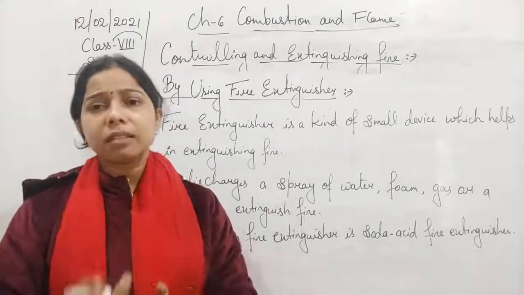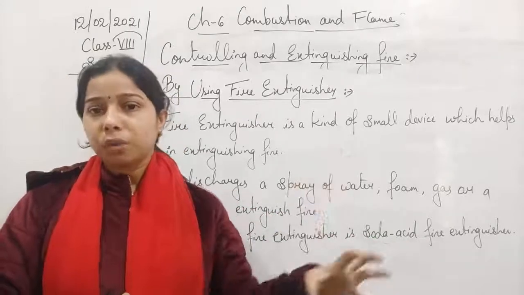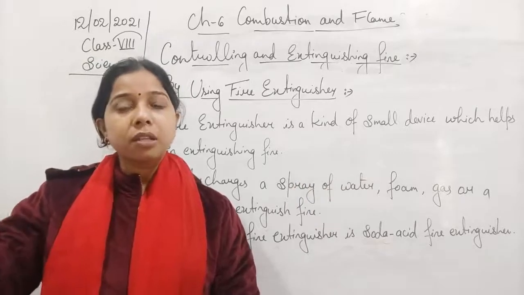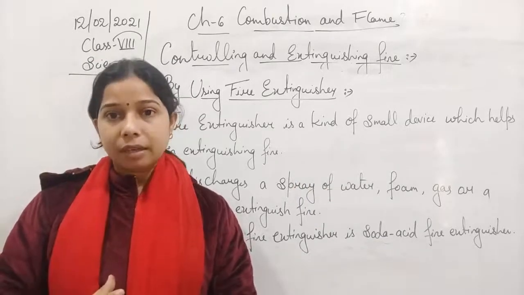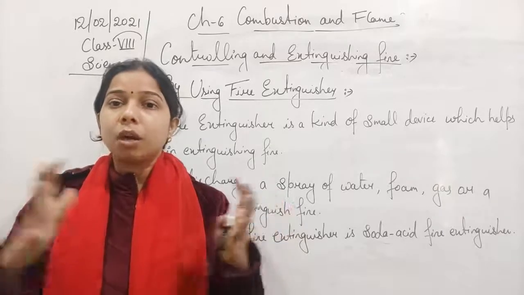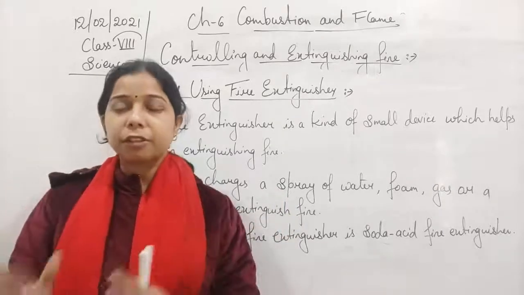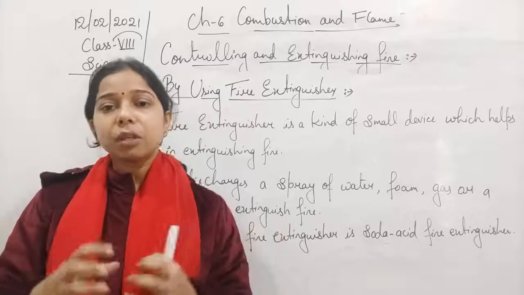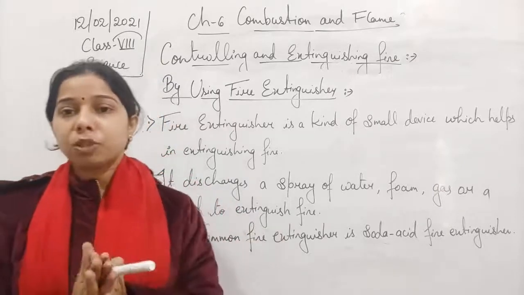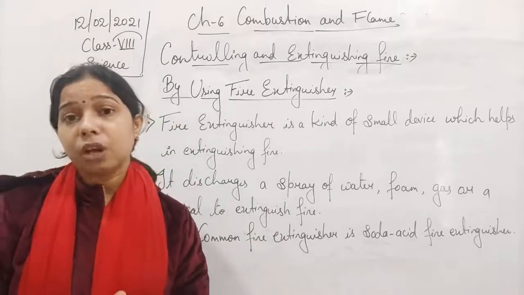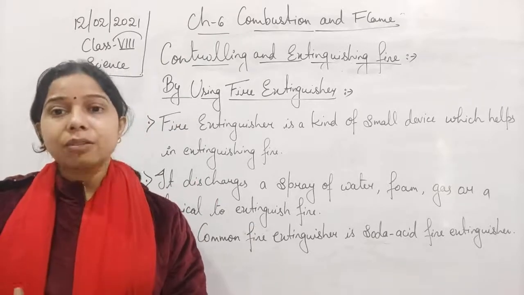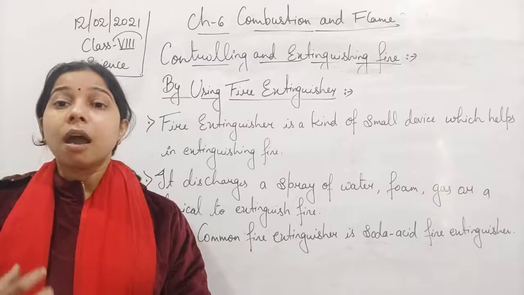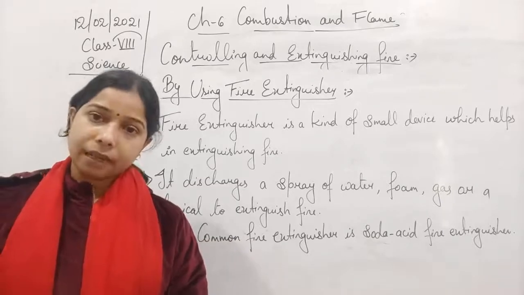So basically this extinguisher consists of sodium bicarbonate and sulfuric acid. They are present in different compartments. When we use the extinguisher, they come together and react with each other, due to which there is the release of a foam of carbon dioxide gas.